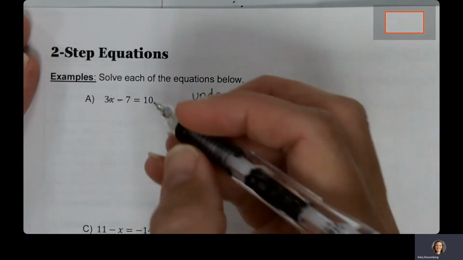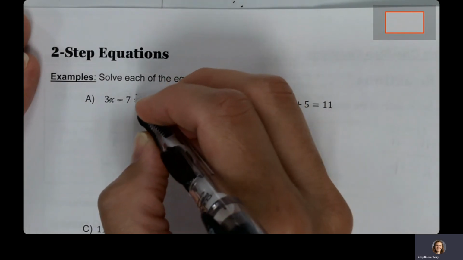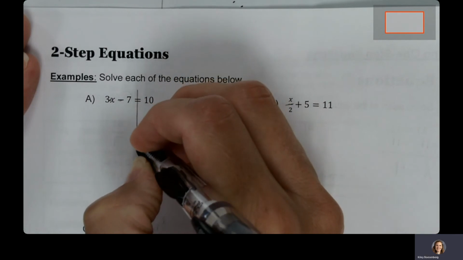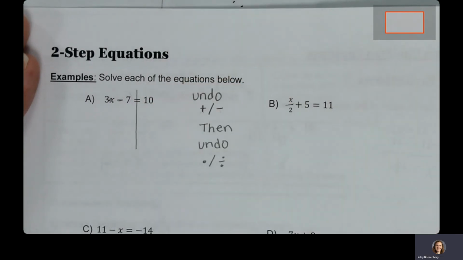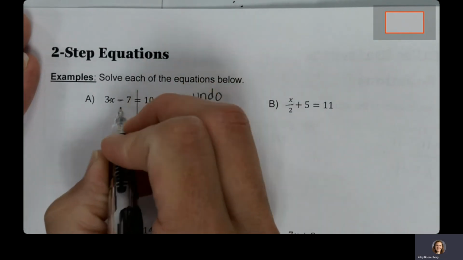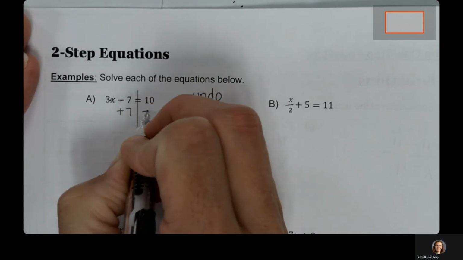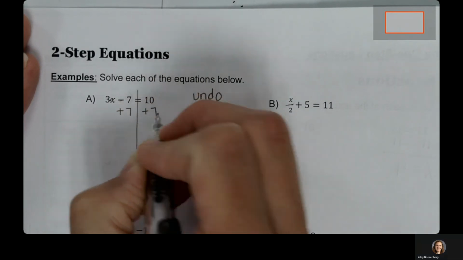Okay, you may have done this when you took 7th grade, 8th grade, or pre-algebra, where you put a line down the equal sign so that you know for sure that you're doing the same thing on both sides. You're more than welcome to do that, but hopefully you can kind of let go of that as we keep going. So the opposite of -7 is going to be a +7 on both sides.